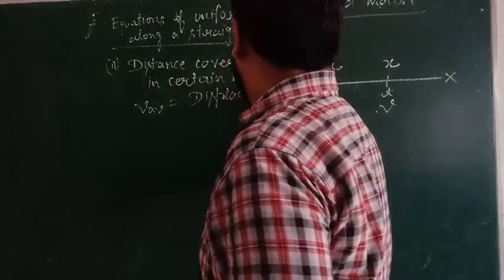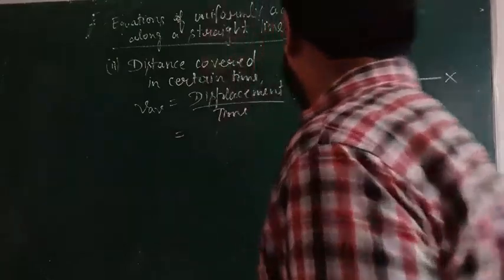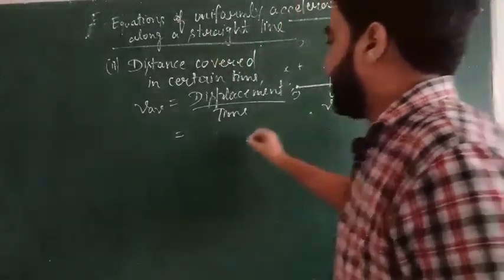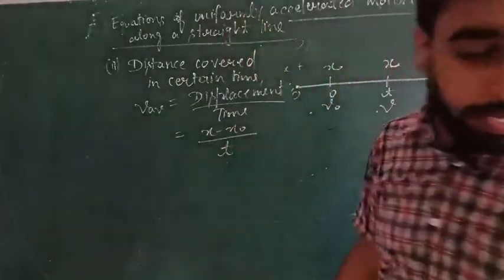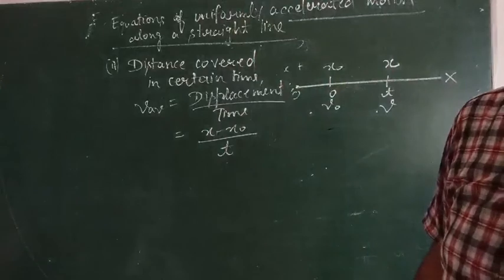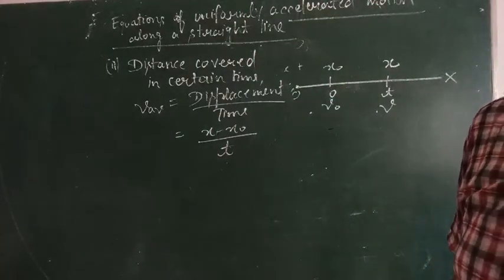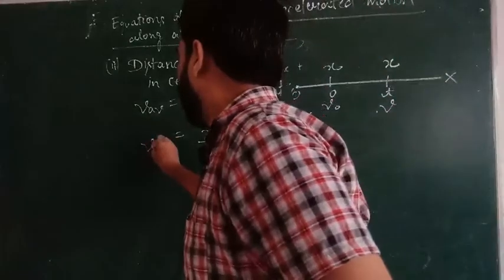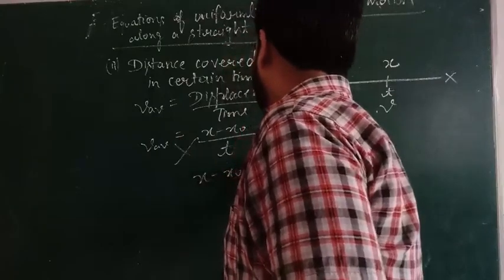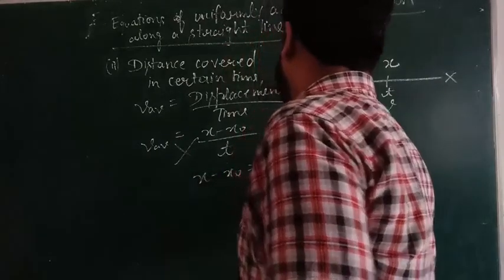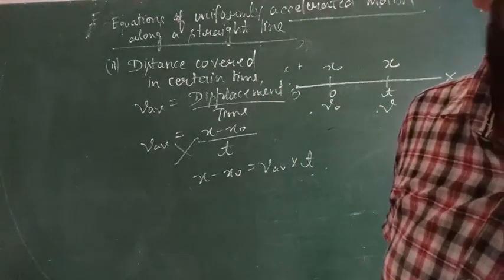Displacement upon time. Now what is the displacement? Displacement is x minus x0. And what is the time interval? That is t. So this is the average velocity. So x minus x0 is equal to v average into t.